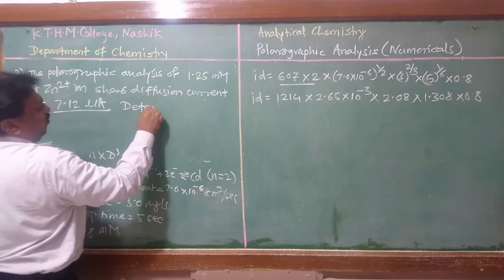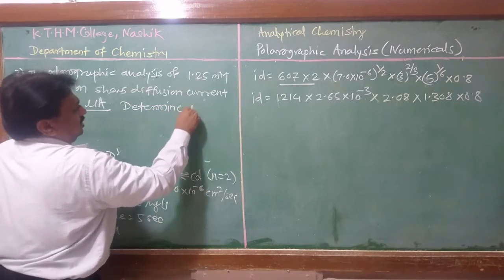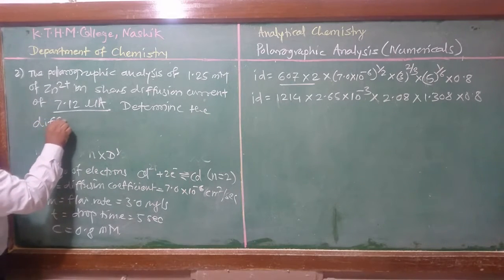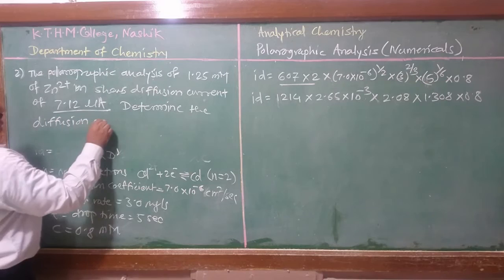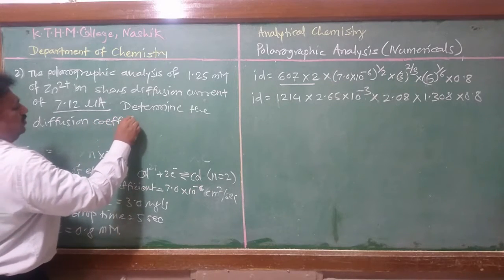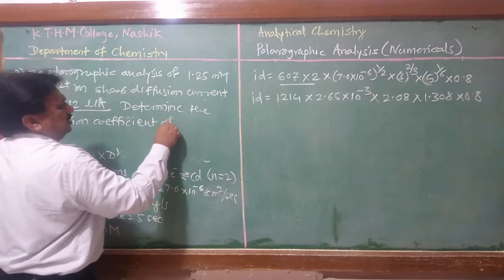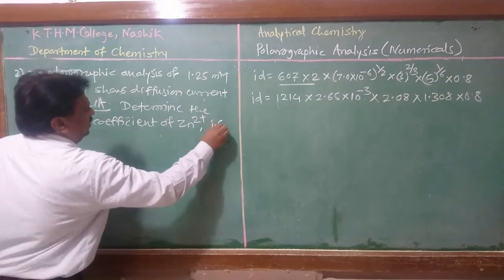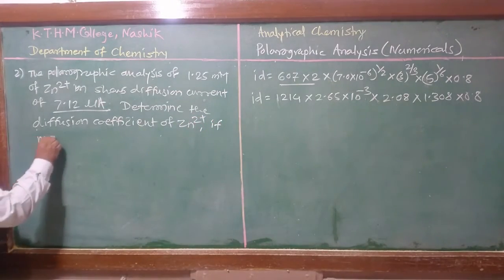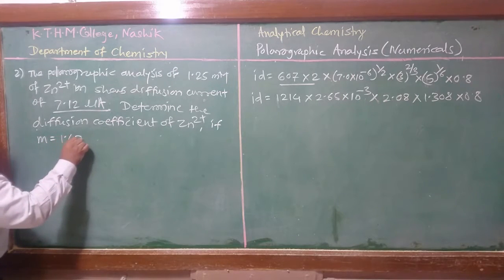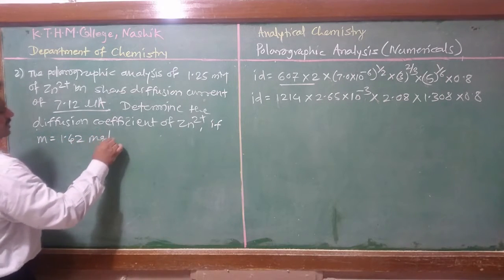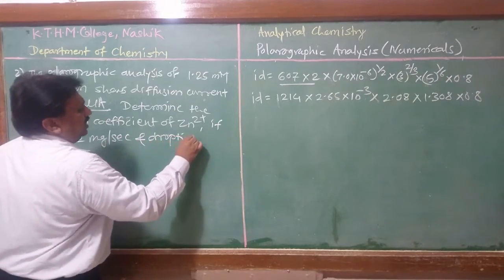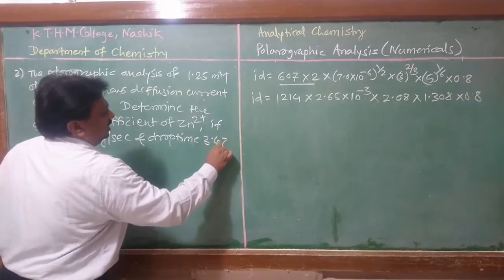Determine the diffusion coefficient of zinc 2 plus ion if mercury flow rate is equal to 1.42 milligram per second and drop time 3.47 seconds.